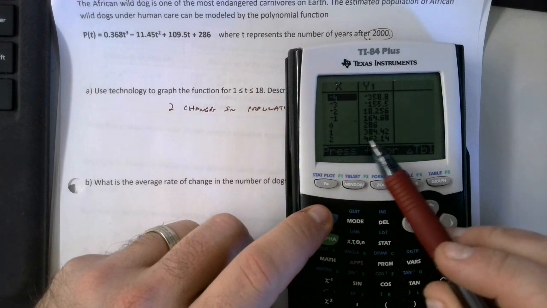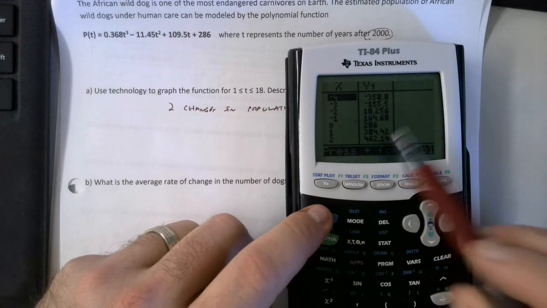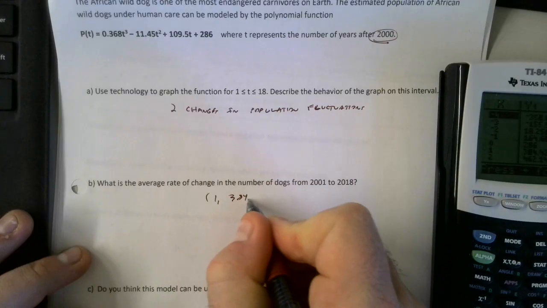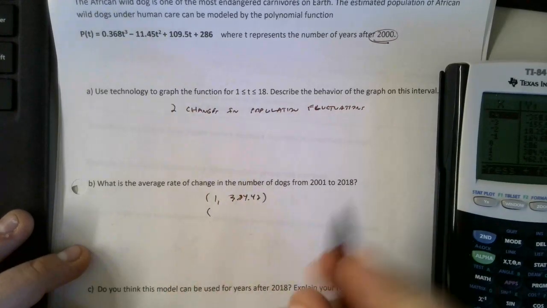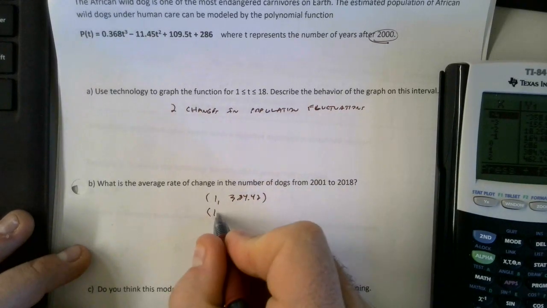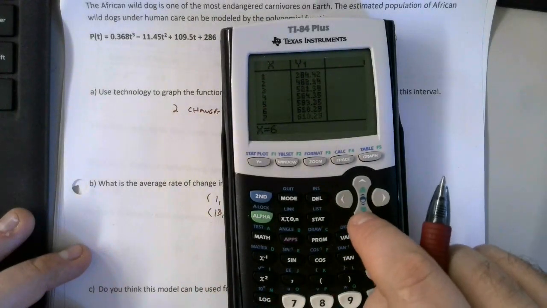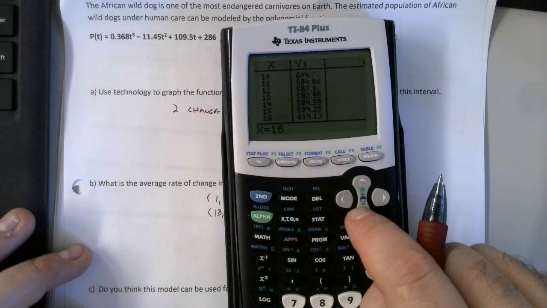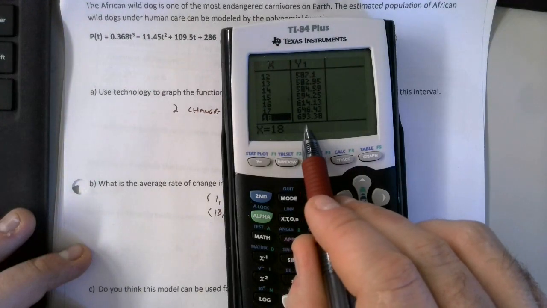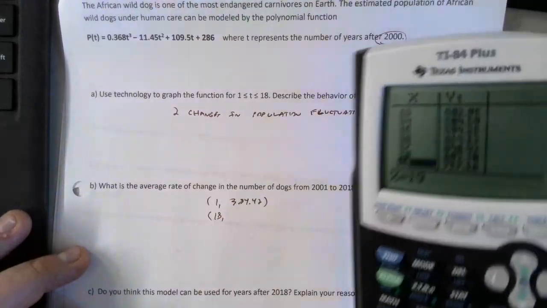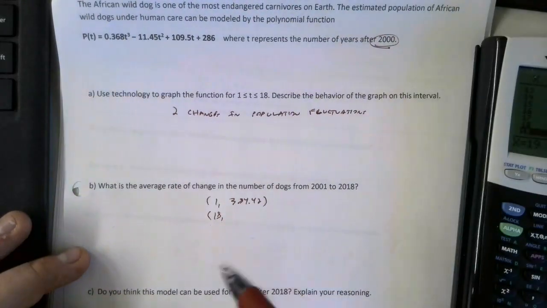After the first year, one hits 384.42, and then year 18, if you look at your output, hits 693.38.